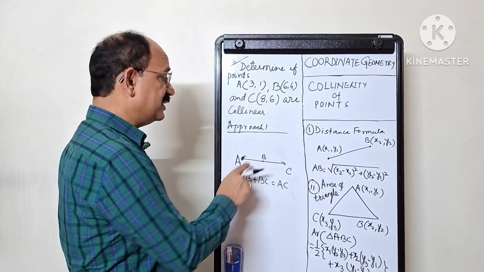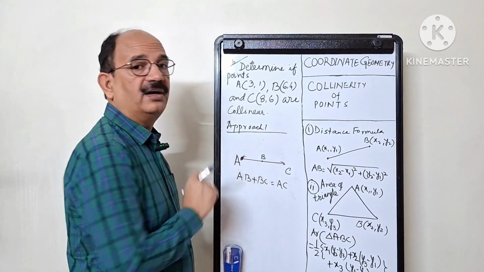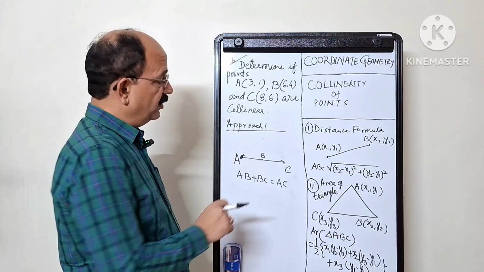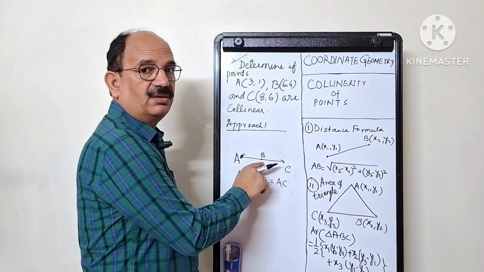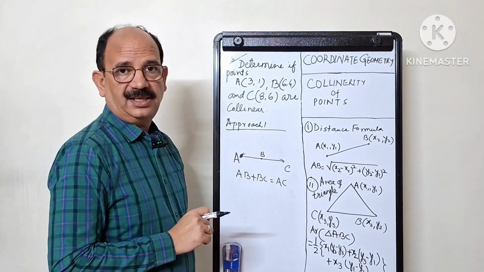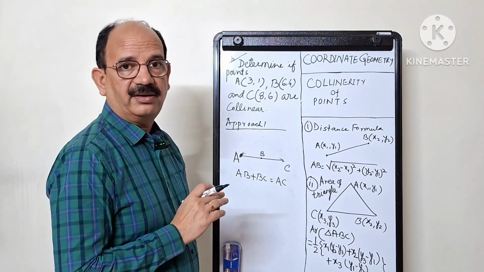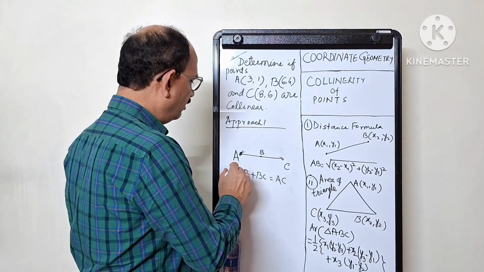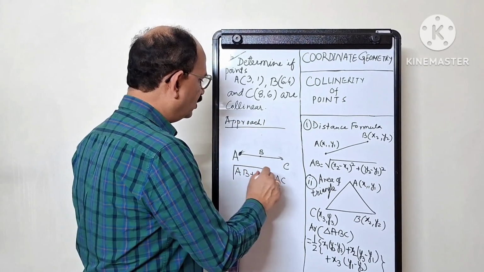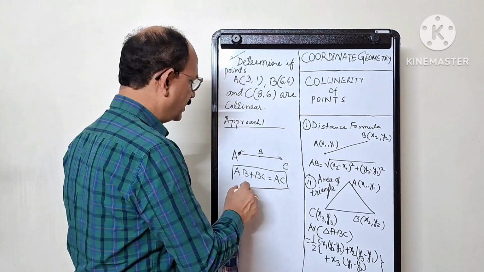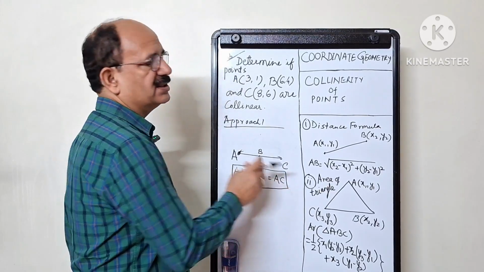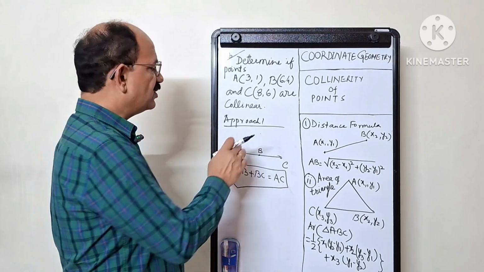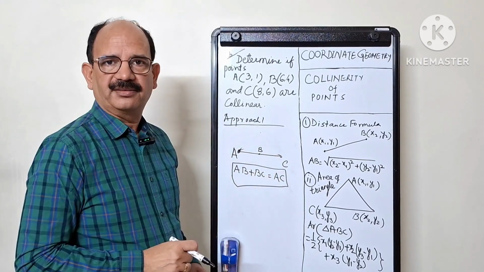And if that happens, then you can notice that it is no longer a triangle. Point B also comes on this line AC itself, therefore it is no longer a triangle. So if you happen to find that the sum of the 2 sides is equal to the third side, then it means all 3 points are collinear.